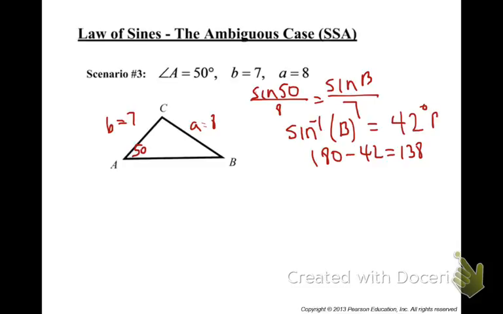Okay, so let's label this. So we're going to label this B1 for the first triangle, and we're going to label this B2 for our second triangle. Now let's come over here and set those two triangles up. So I'm going to have an A1, B1, C1. I'll leave a little more room this time. And then we'll have our second one, A2, B2, C2.